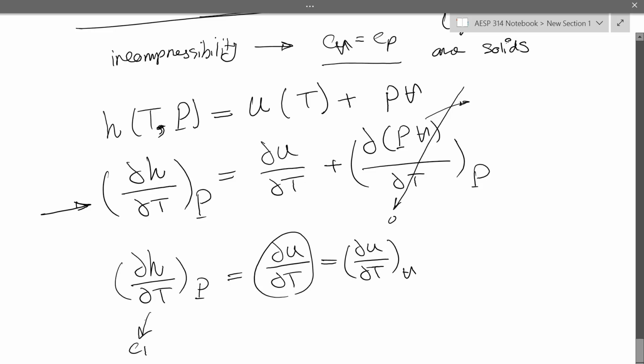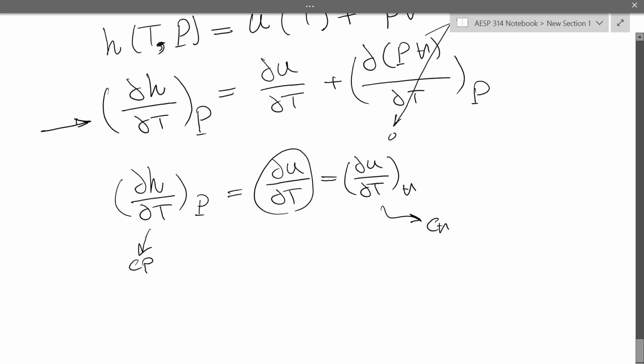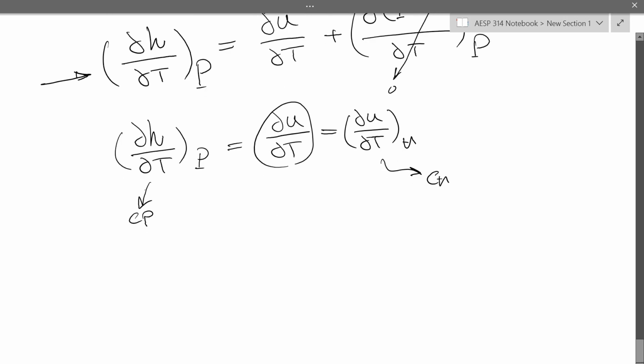This was the definition of C_P, and this was the definition of C_V. So isobaric heat capacity is equal to constant volume heat capacity for liquids and solids, or any incompressible material. Is this clear?